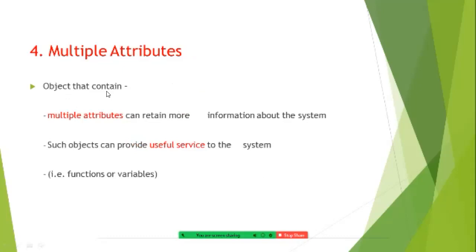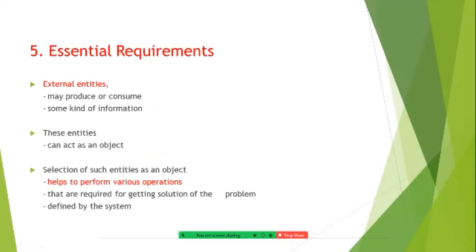Fourth one is multiple attributes, where an object that can contain multiple attributes can retain more information about the system. Such objects can provide useful services to the system, that is, functions or variables. Fifth one is essential requirements.